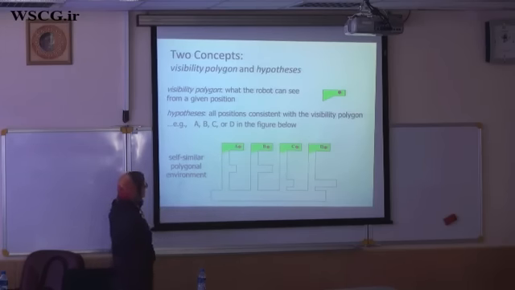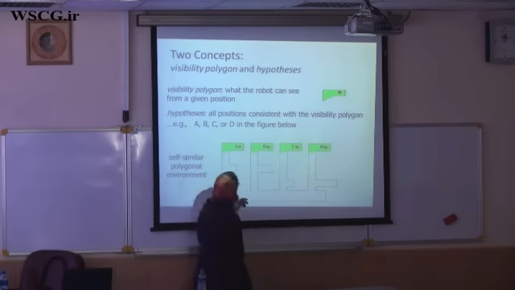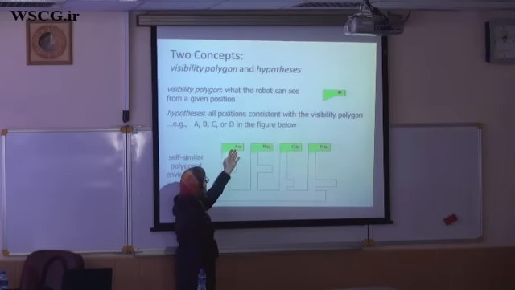So in this example, this visibility region is consistent with the hypothesis that the robot could be here. A robot here would see, it could just see along this corner here and see down this wall to this position.